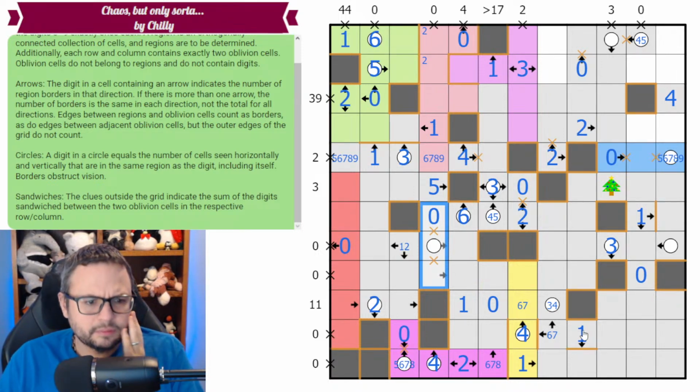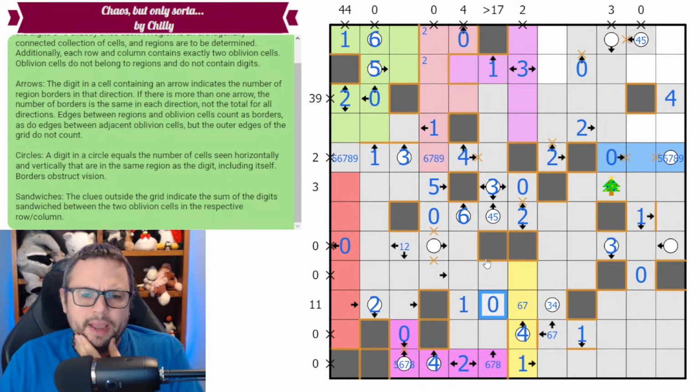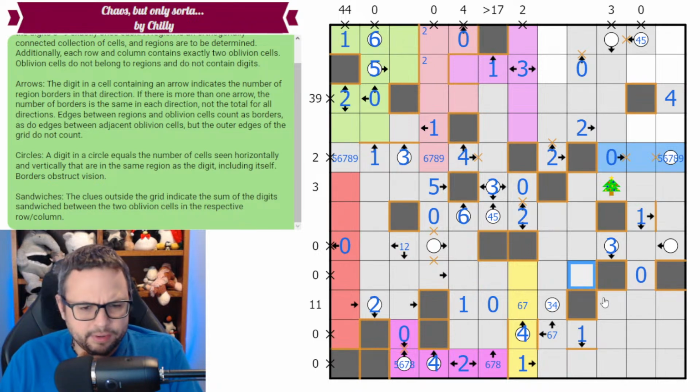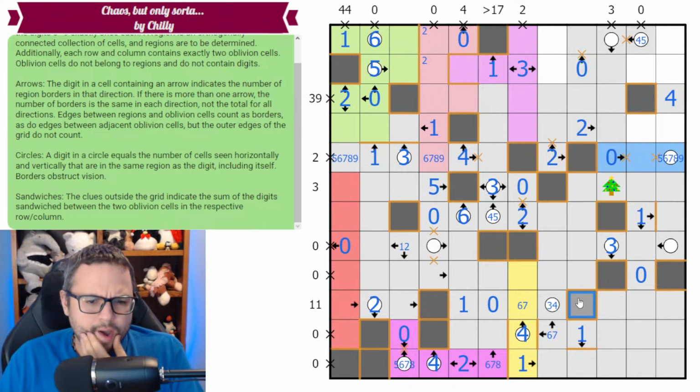Now, I think I could prove in a sort of painful way that this isn't yellow, but I'm just going to leave it for now rather than thinking about the painful way of doing this. But all of these are the same. So one of these two is a thing.